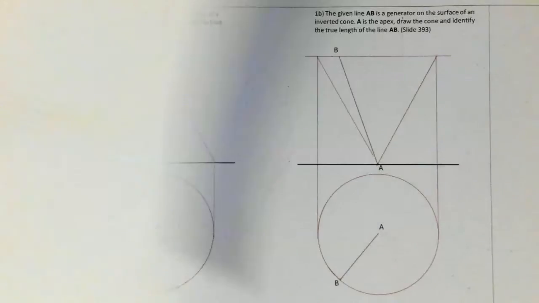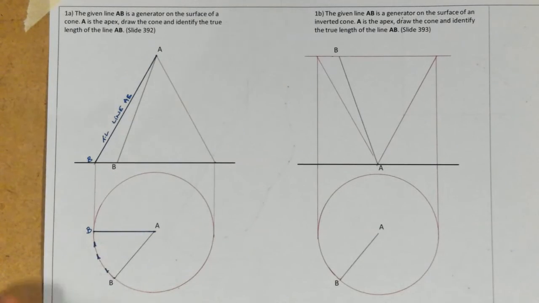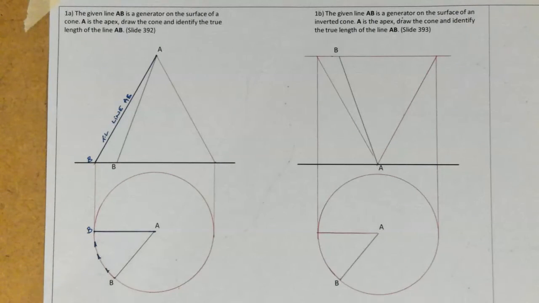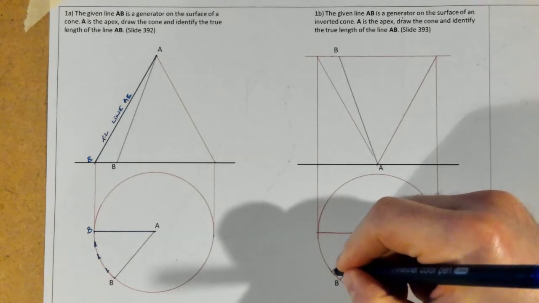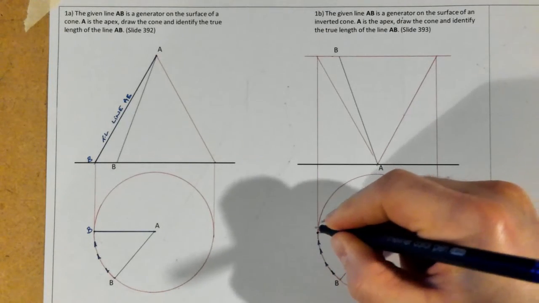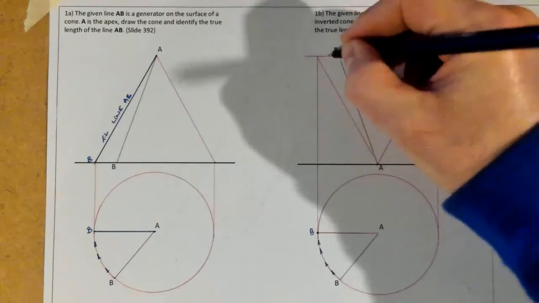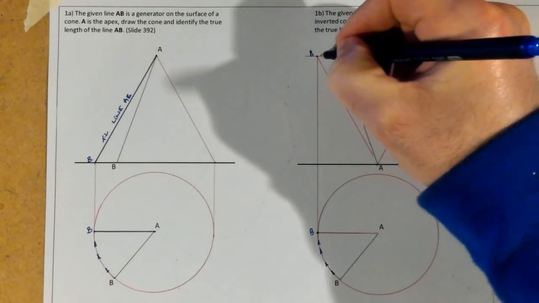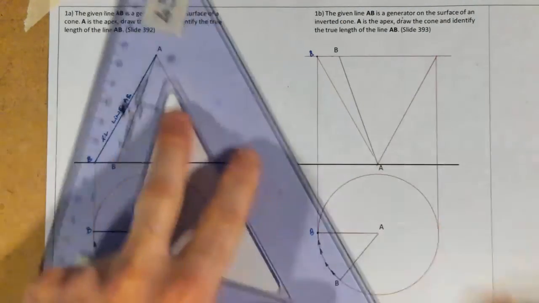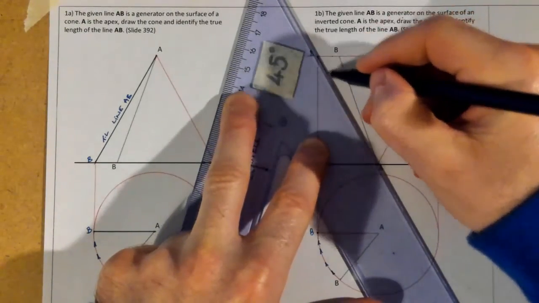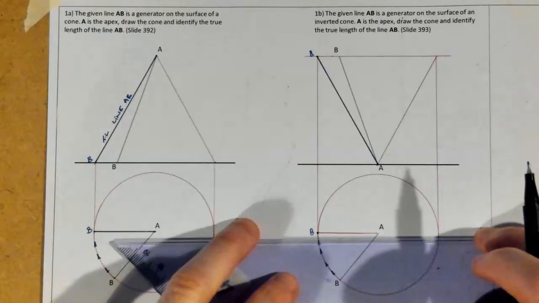Okay, so in this view here, to be able to get the true length from A, do a line across, and just remember, from B, all we did was rotate until B hit here. That is the new position of my B, which is up here. That rotation, as I said, is seen as a straight line here, and that means there, B to A, that line there is my true length.